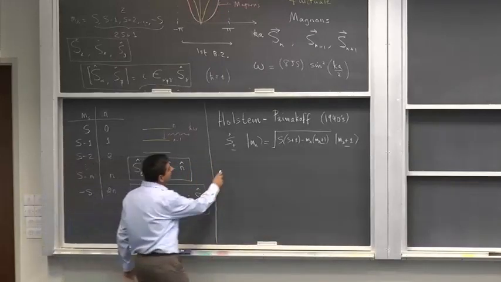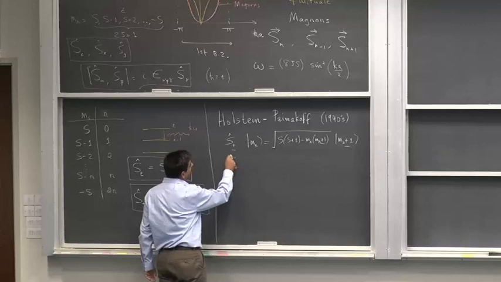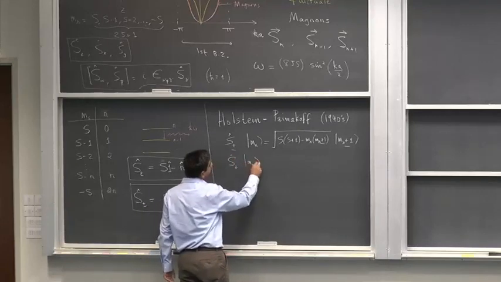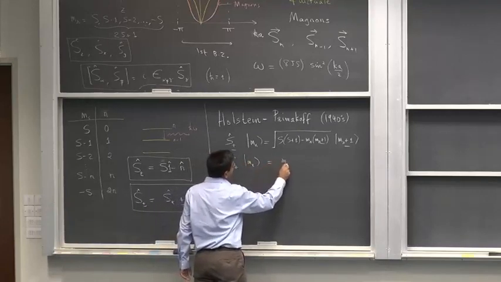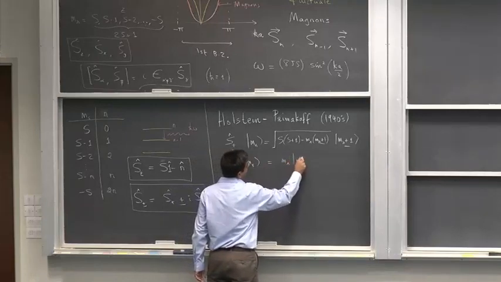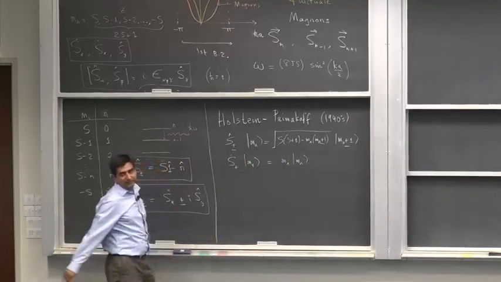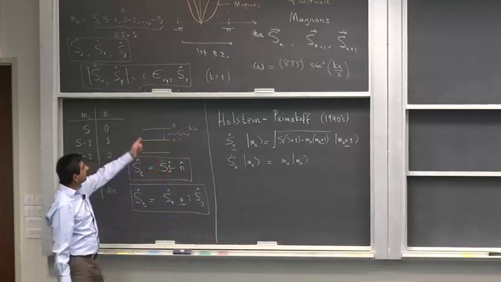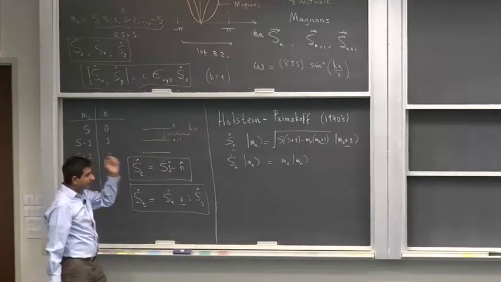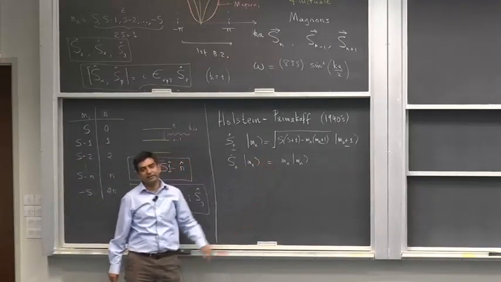And we also know that the Sz operator, when it acts on ms, an eigenstate, produces an eigenvalue ms at the same state. Remember, I'm taking h bar to be equal to 1. There is an h bar here and an h bar here in absolute terms.